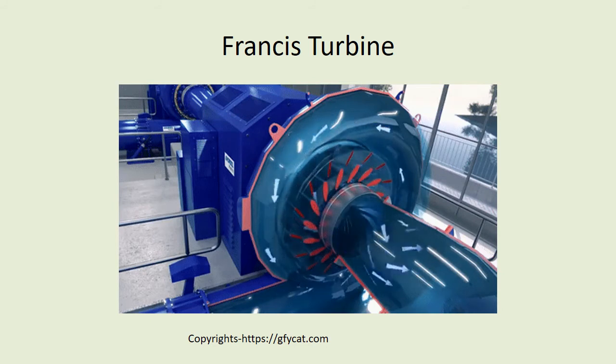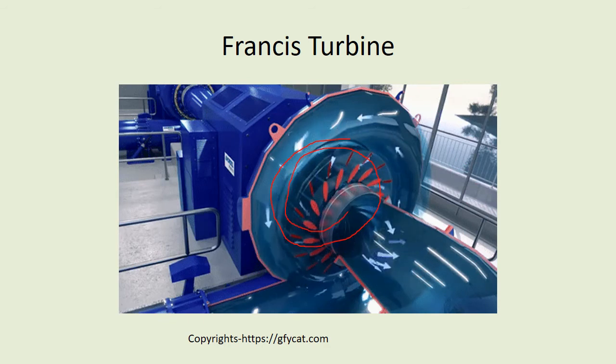So in the animation or GIF file, if you can see here, both the forces you can assume. These are your axial forces, and these perpendicular forces or tangential forces, they also create tangential forces.